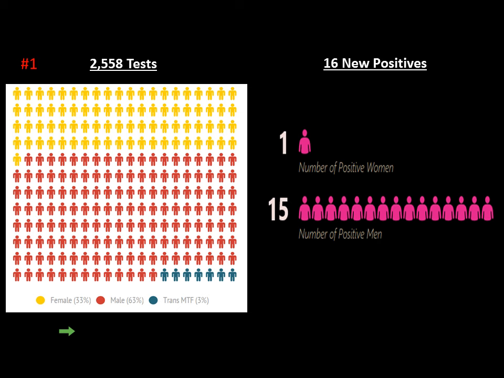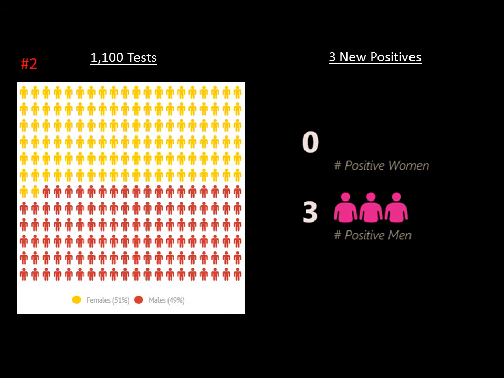And then on the right is the breakdown of their positives. So out of all of their positives, 15 out of the 16 were men. So this shows a number of things: one, the higher volume of testing will yield more positives, but also testing more men will yield more positives, and particularly more positive men.